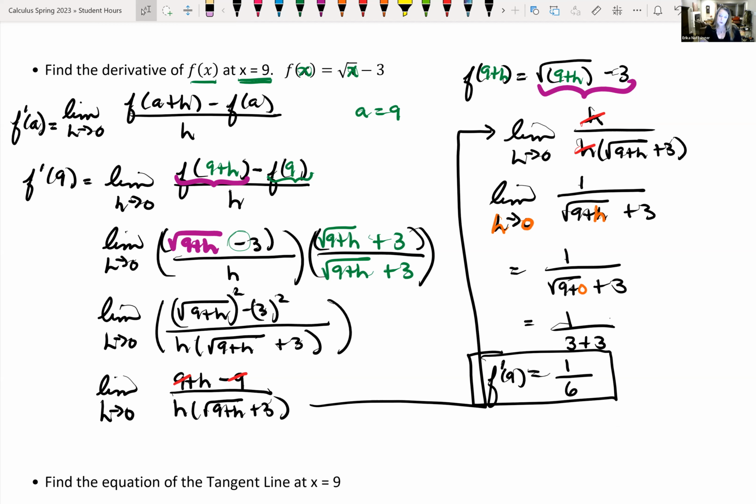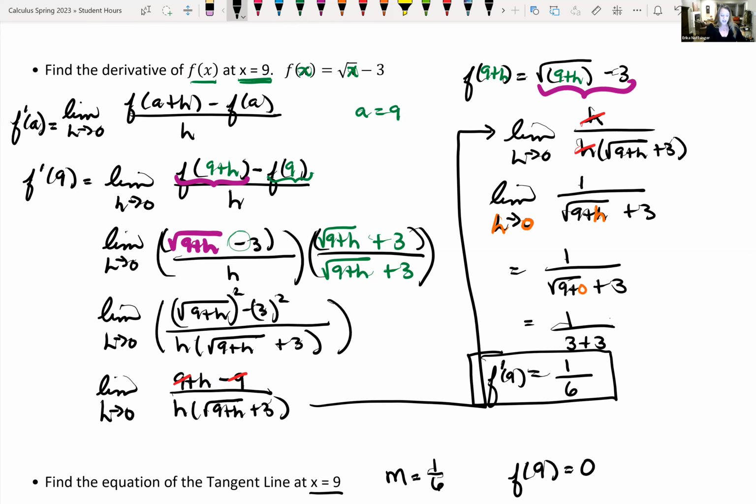So we know that the slope of our function is equal to 1/6. So we need two things when we're trying to find the equation of a line. We need a slope, which we have here, 1/6, and we need a point. And that point is going to be x equals 9. And we wanted to figure out what f of 9 is, which was the first part of the exercise, which we found was 0.